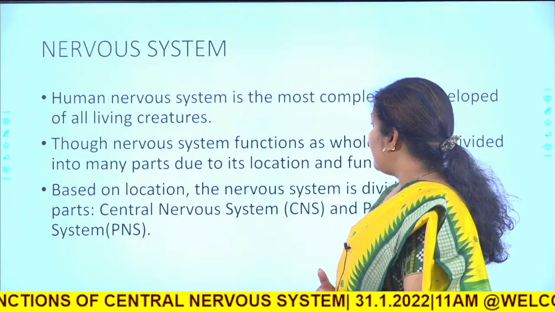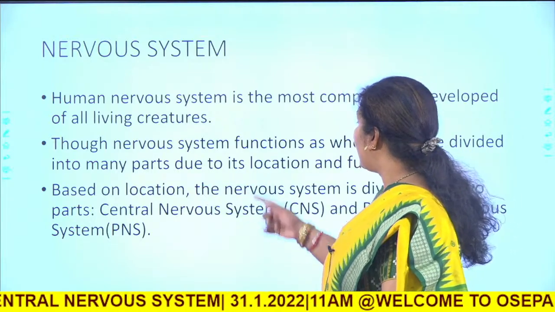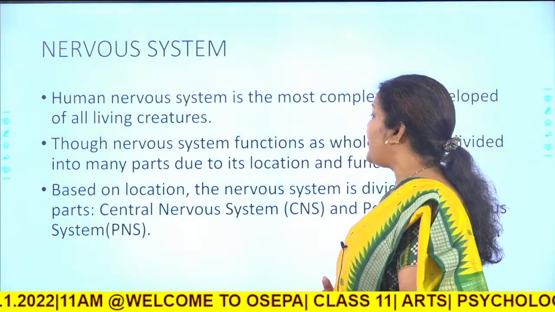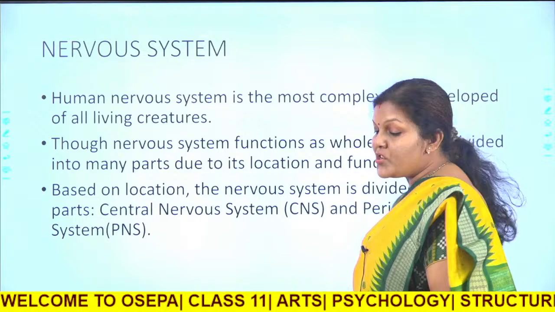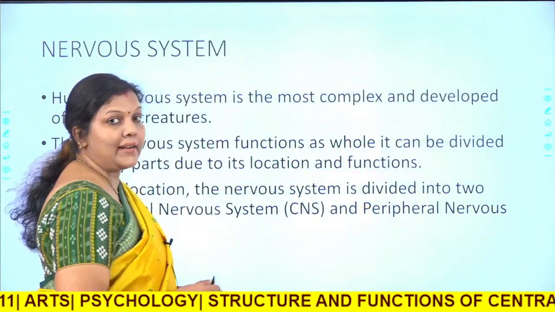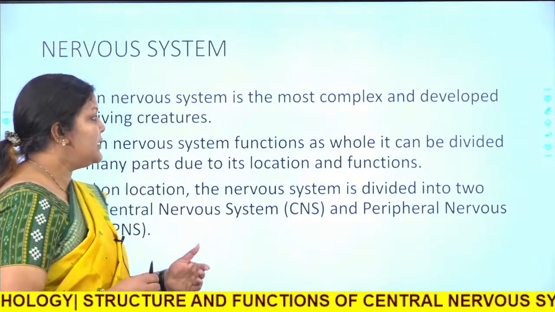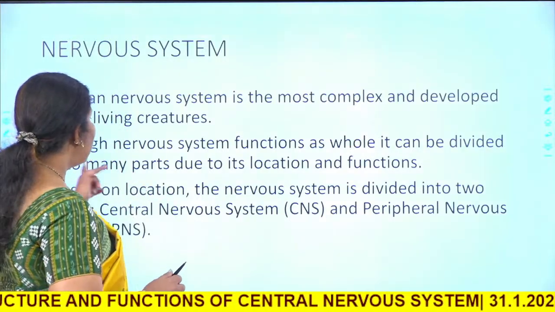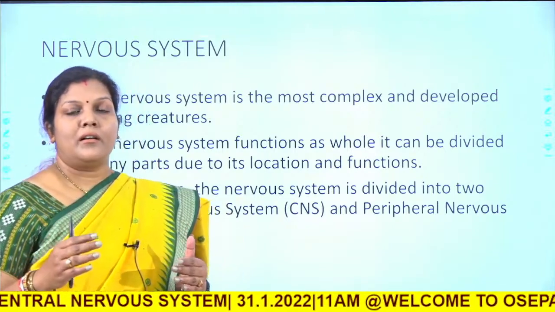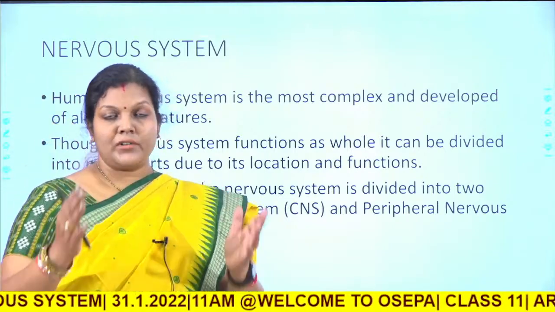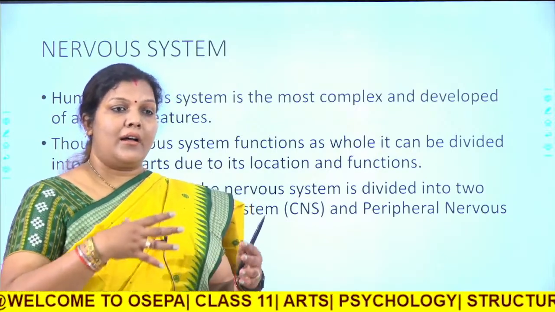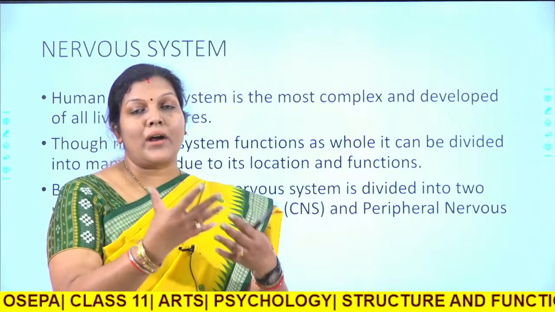Though the nervous system functions as a whole, it can be divided into many parts due to its locations and functions. Nervous system acts as a whole, isn't it? But it can be divided into many parts due to its locations. Locations means that not every part is situated in one single area.